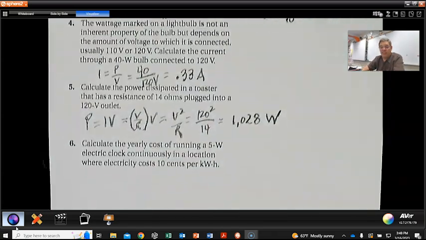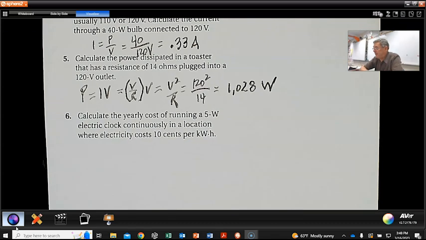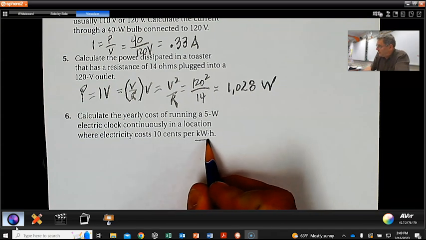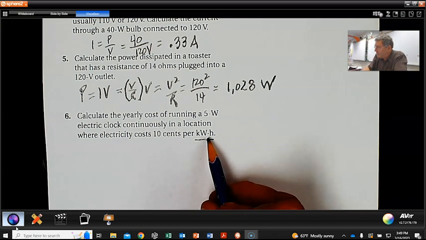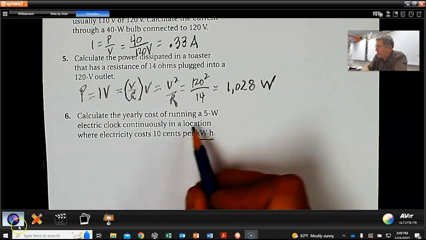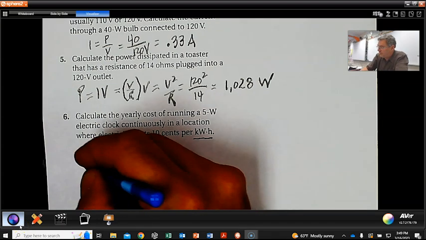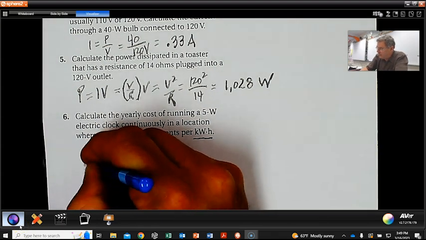Okay. Number 6. Calculate the cost of running a 5-watt electric clock continuously in a location where electricity costs 10 cents per kilowatt hour. So I'm using the units here to help me figure out what I have to do. I have to multiply kilowatts times hours. So they tell me the wattage, it's 5 watts.